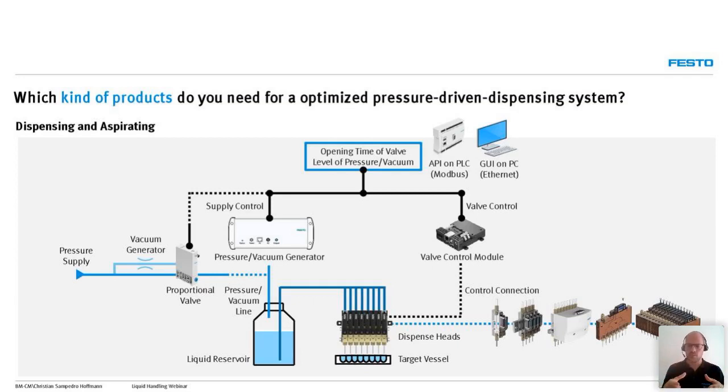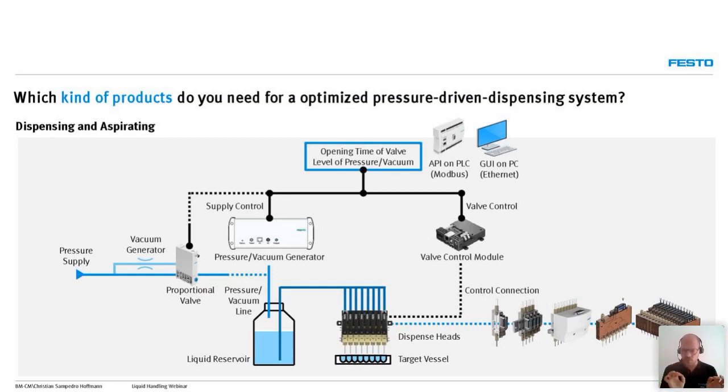When you're filling a microtiter plate with 8 different channels, 8 different valves, it could be possible that each row has a slightly different value because there are a lot of influences. And you want to control this, so that each channel is doing the same.